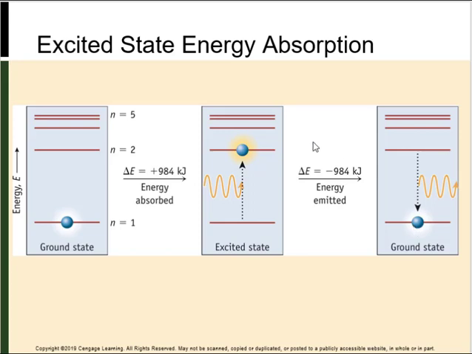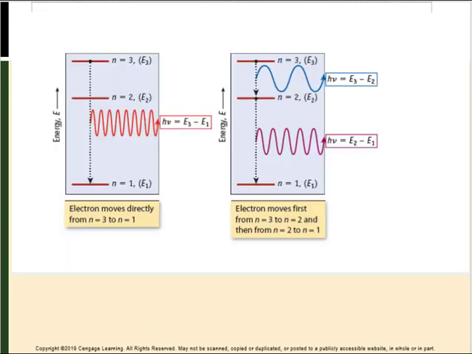To find this delta E, I need to do final, which would be n=1, minus the initial, which would be n=2. Using the same numbers in the opposite way, we get a negative delta E, negative 984 kilojoules per mole, which means energy is emitted. The positive sign tells us the energy is absorbed. The negative sign tells us the energy is emitted.